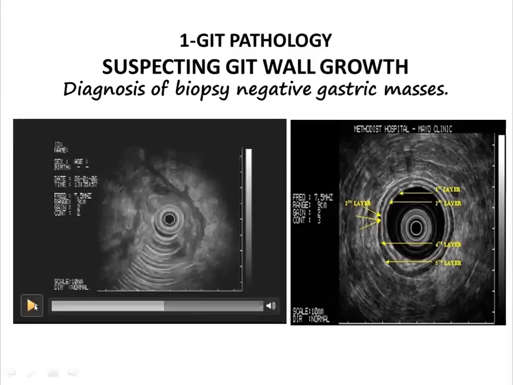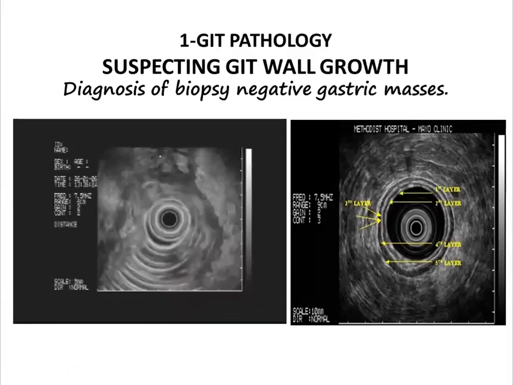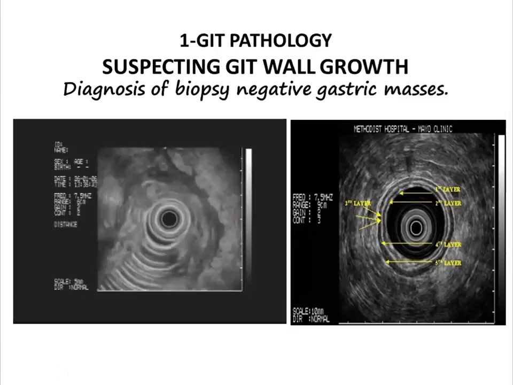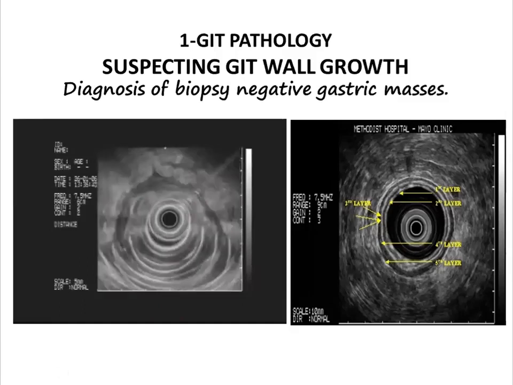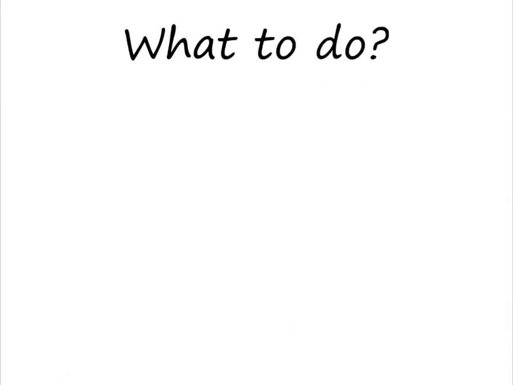So this lesion is highly impressive of a malignant lesion, whether adenocarcinoma or lymphoma, based on endoscopic picture and also on endosonographic picture. But the problem is that conventional biopsies are repeatedly negative. So we can say that the thief is there, but we can't catch him.